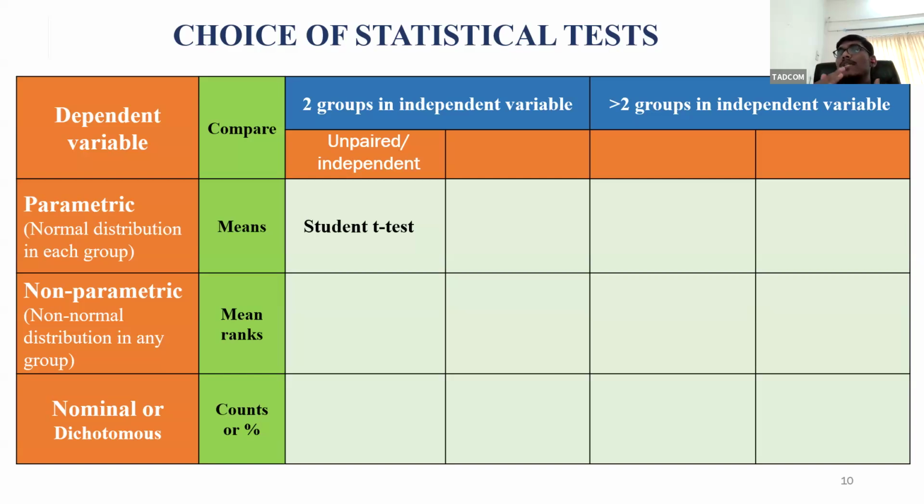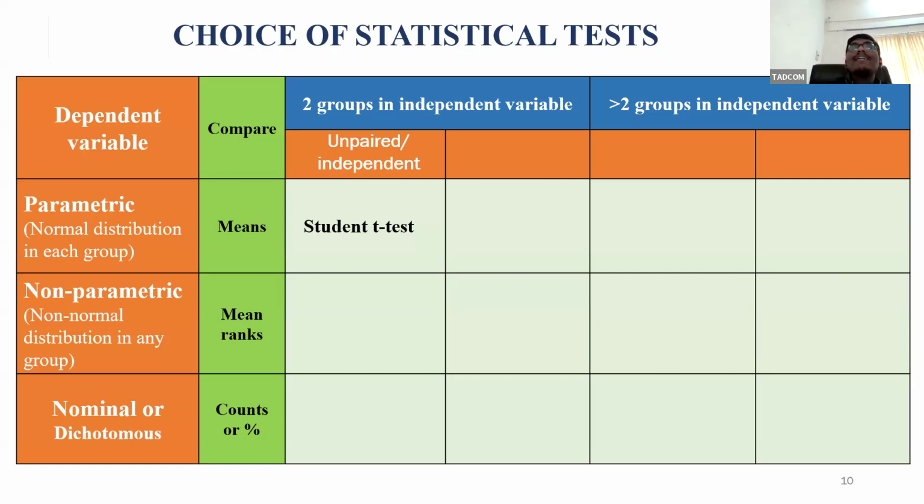And we have only two groups in the independent variable, male and female. We are not going with any kind of paired measure, before and after, we are not going to check. So it is unpaired. If it is such a scenario, then we go with the student t-test.